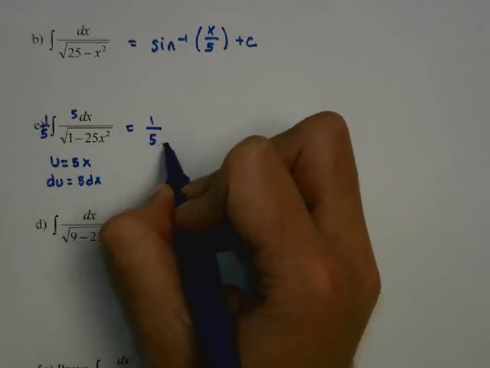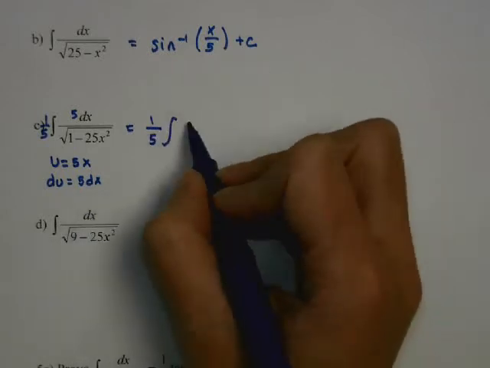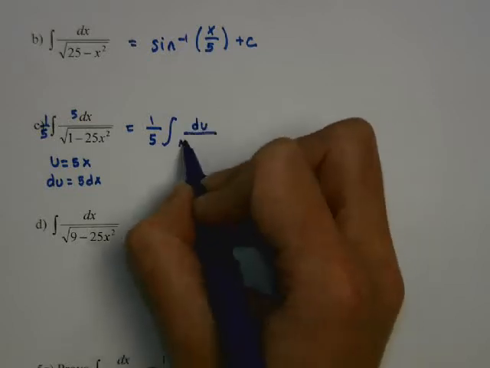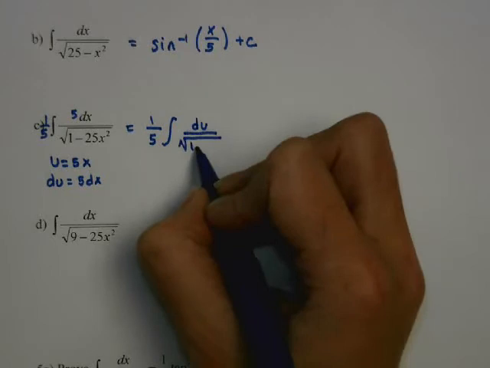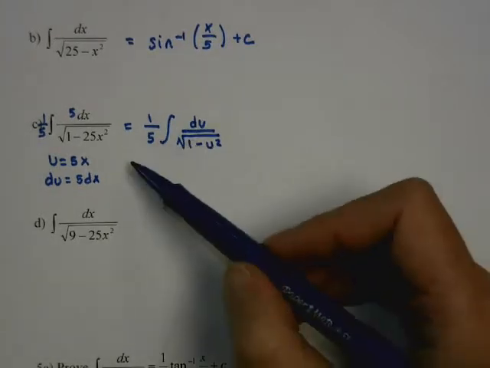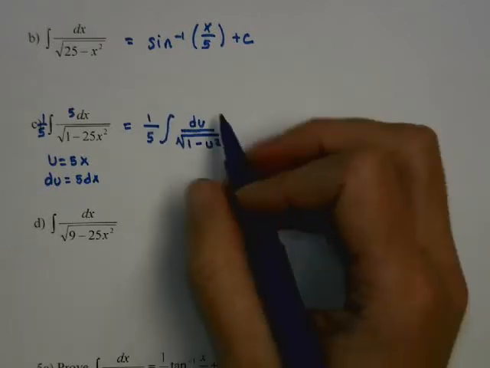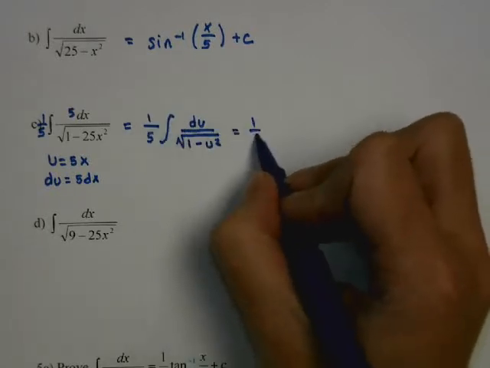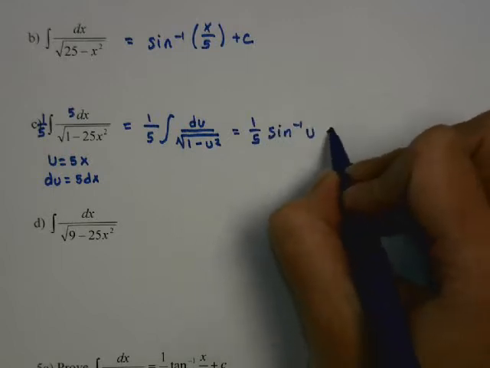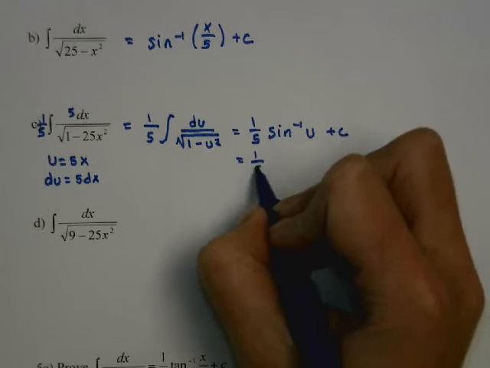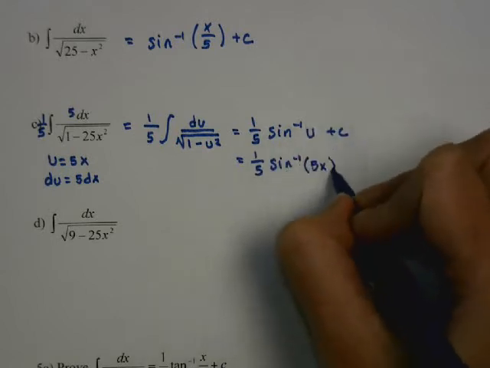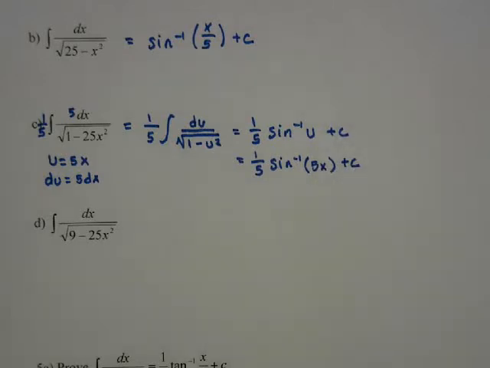So this is going to be 1/5 times the integral of du over the square root of 1 minus u squared, because 5x squared is 25x squared. So this is going to be 1/5 times the sine inverse of u, which is going to be 1/5 sine inverse of 5x plus c.